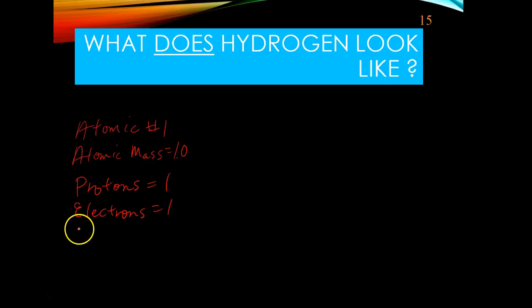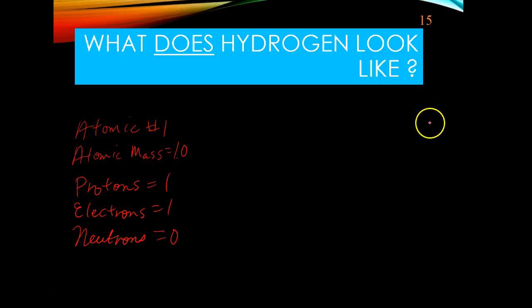And then we now need to calculate the number of neutrons. If you remember earlier we said mass is equal to protons plus neutrons. So mass is 1. If we subtract 1, we know the number of neutrons is going to be 0 for this guy.